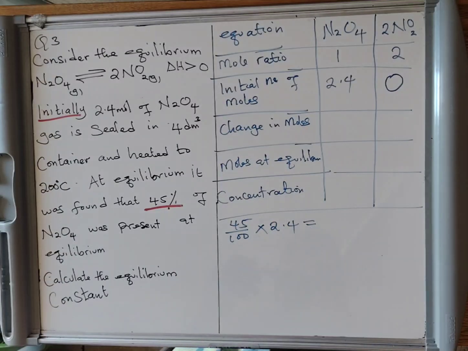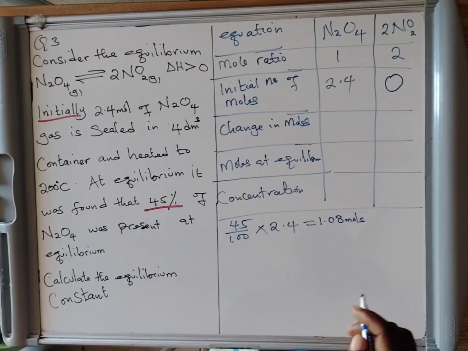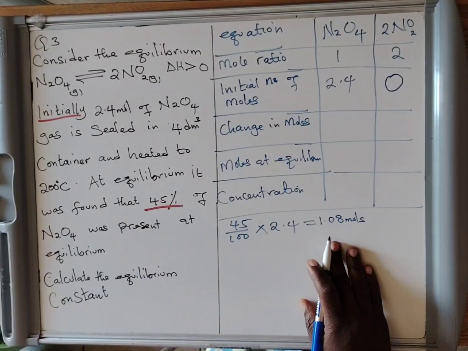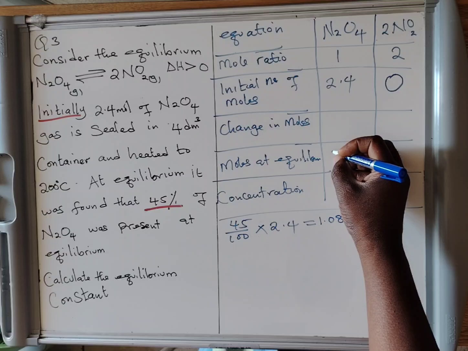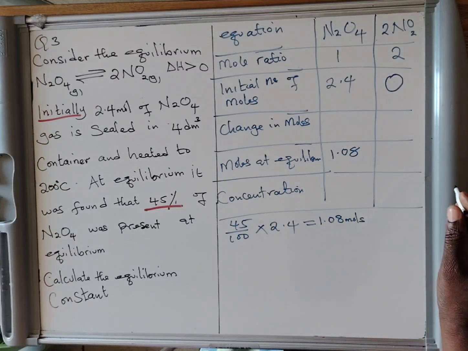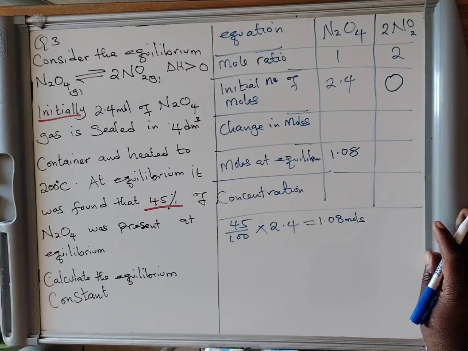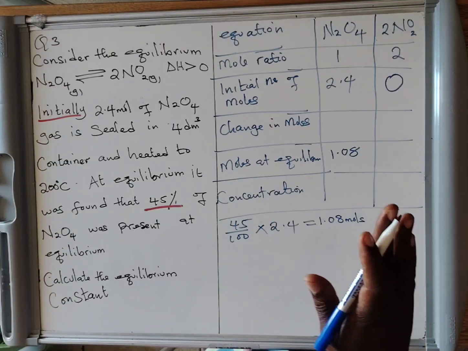What you get will be the number of moles at equilibrium. So after computation, these are the number of moles of dinitrogen tetroxide at equilibrium. You put them there. It's going to be 1.08 moles.